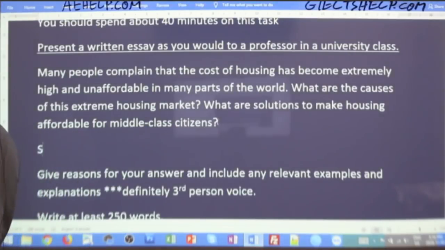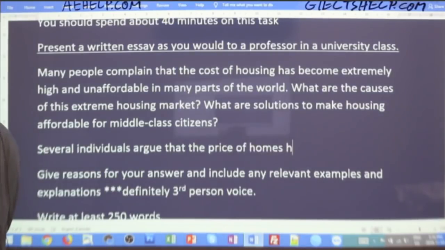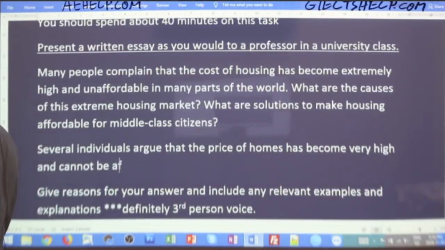Several individuals argue that the price of homes has become very high and cannot be afforded in many regions around the globe.